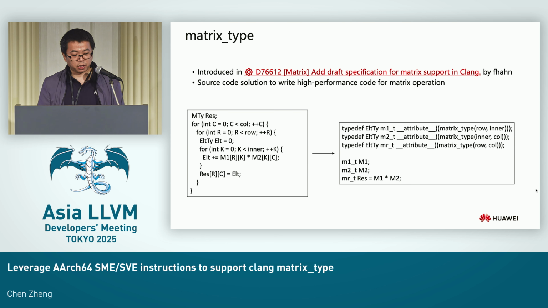Yeah, so the matrix type was first introduced in this PR by Florian, and its purpose is to provide a source code level solution to write high-performance code for matrix operations. And it also provides very user-friendly interfaces. As you can see, with a simple multiply operator, the complicated loop can be eliminated.